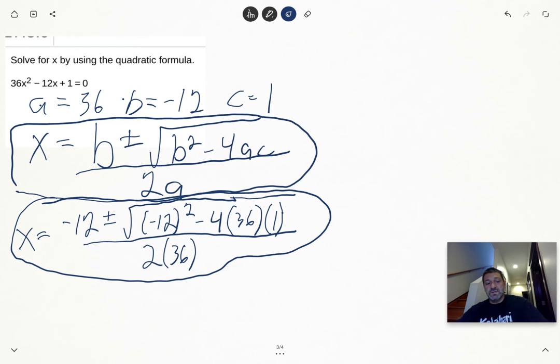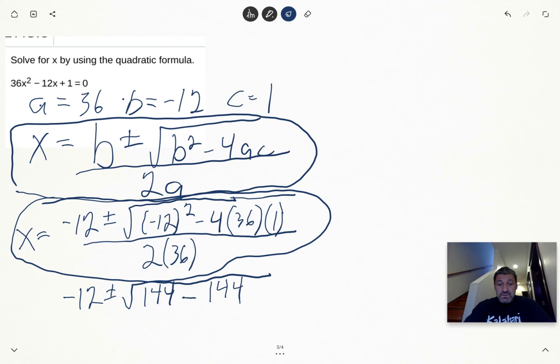Now I'm just going to use operations to simplify. So negative 12 stays the same, plus or minus. And then here's where a lot of the simplification is going to happen. Negative 12 squared would be 12 times 12, or 144, minus 4 times 36, I believe is 144.